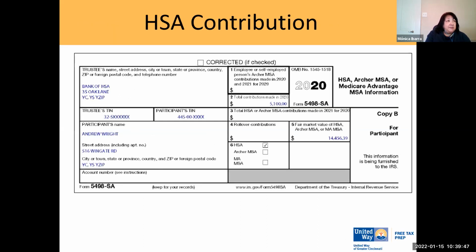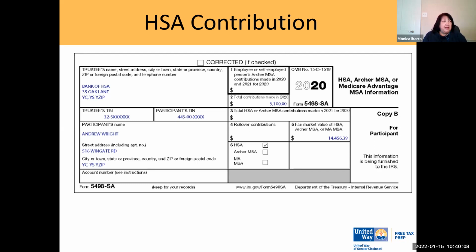So this is the document that shows your HSA contribution. And this is from the bank or the entity that's holding the money for your health savings account. That is generally not your employer.